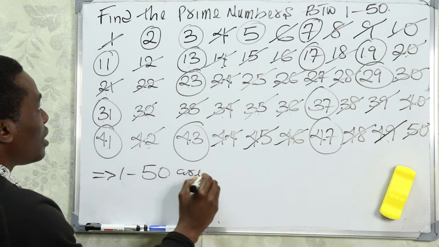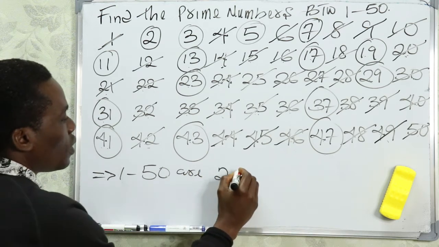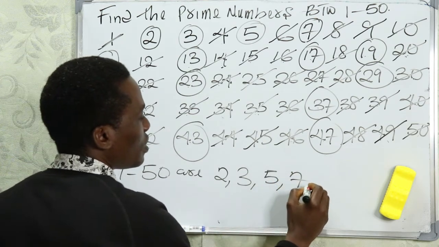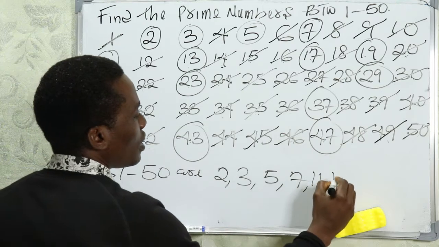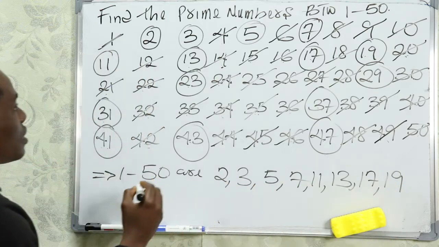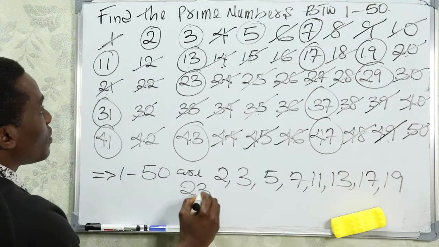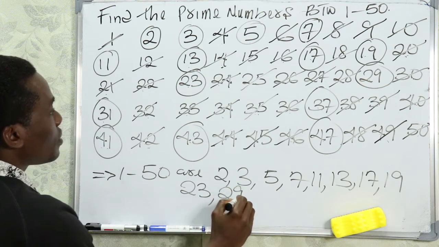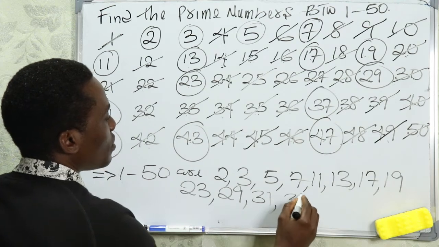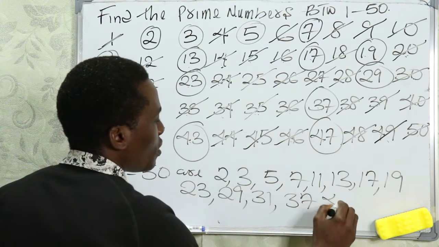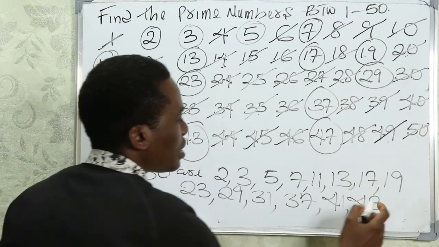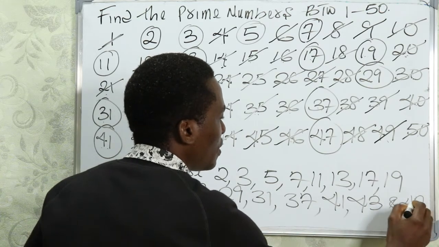So the prime numbers we have between 1 and 50 are 2, 3, 5, 7, 11, 13, 17, 19, 23, 29, 31, 37, 41, 43, and 47.